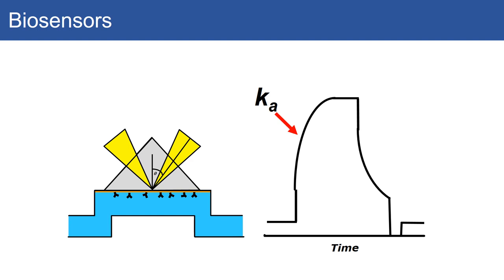There are two main metrics by which we do that: kinetics and affinity. Kinetics are a rate of reaction, and you'll see that in real time with the small Ka, where you see it binding on. You also can see it in the small Kd, which is the off rate. So small Ka is how fast it goes on, small Kd is how fast it goes off.